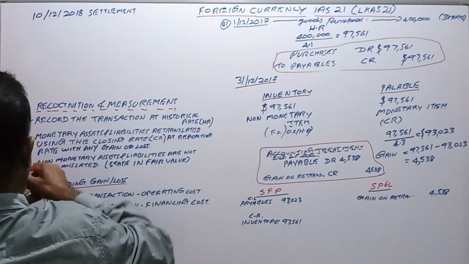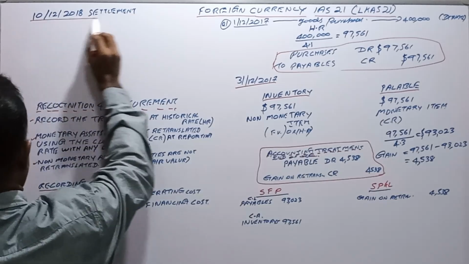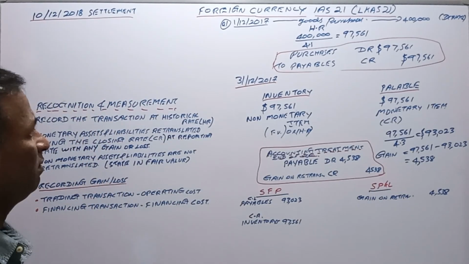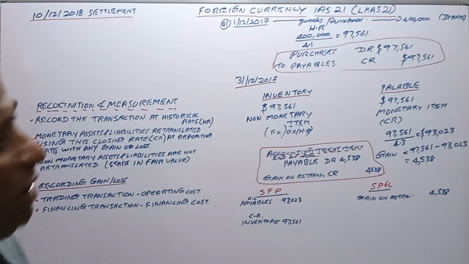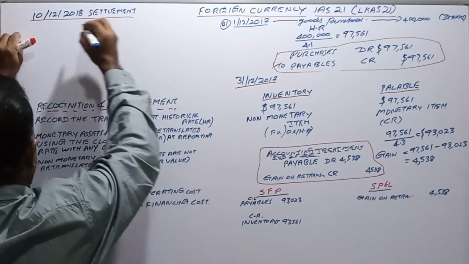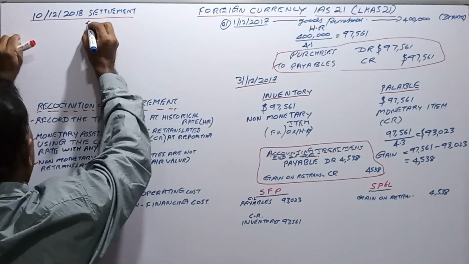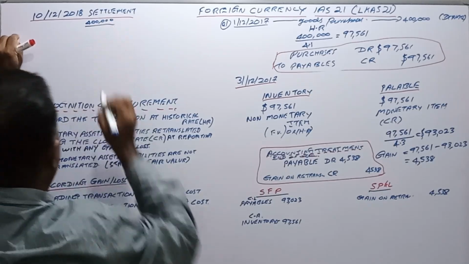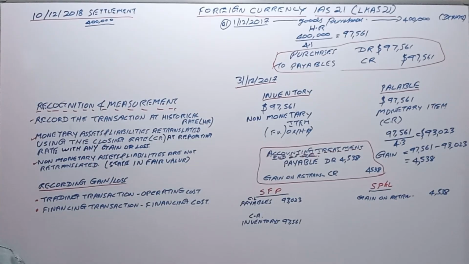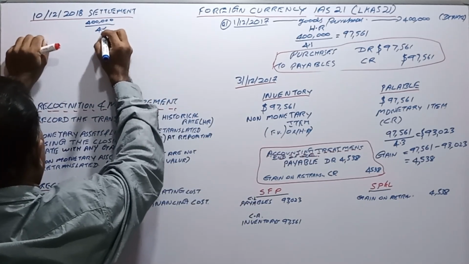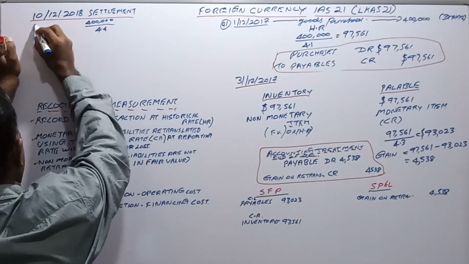Settlement takes place, right? The settlement is 400,000 divided by 4.4 payable paid.